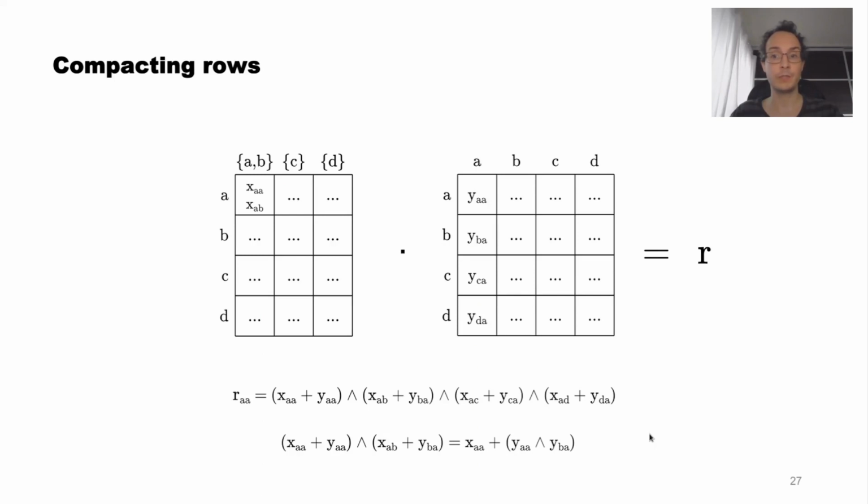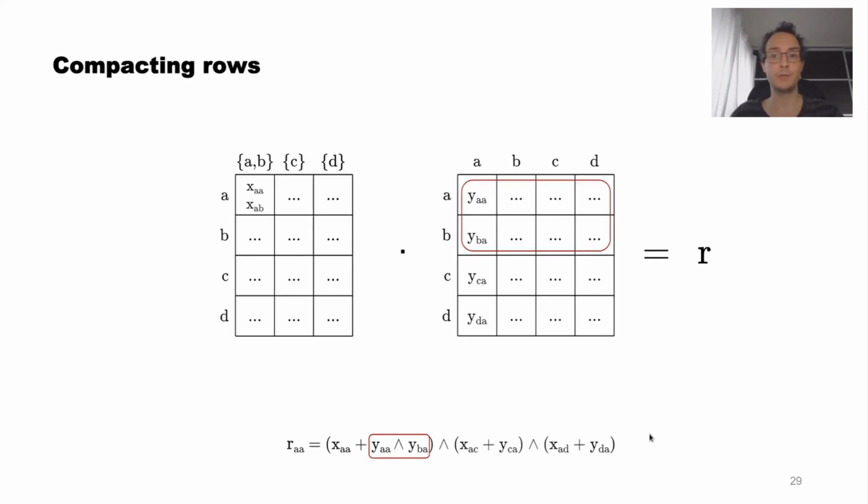Therefore, we can rewrite the first terms to factor out XAA. We apply this rewriting to the equation, and now we see that the terms YAA and YBA appear under a minimum. Actually, they always appear under a minimum in the definition of R. No cell depends on YAA or YBA alone.